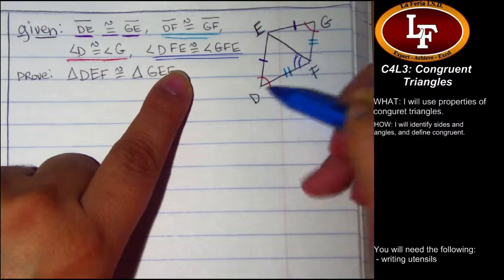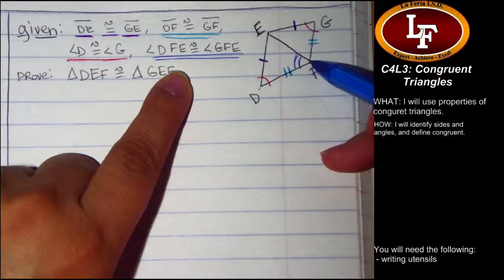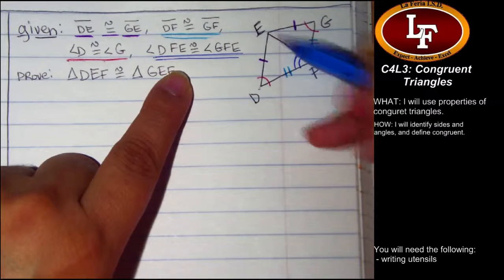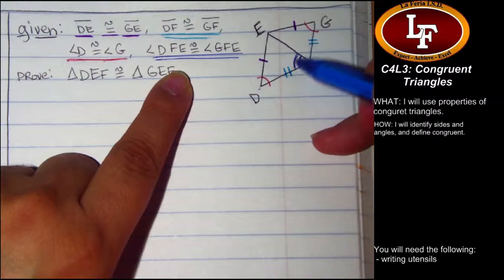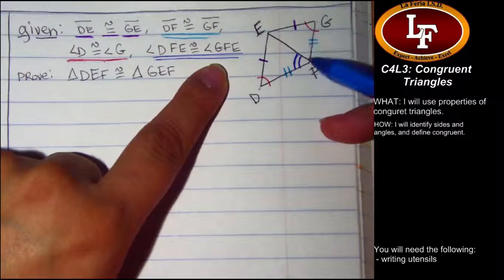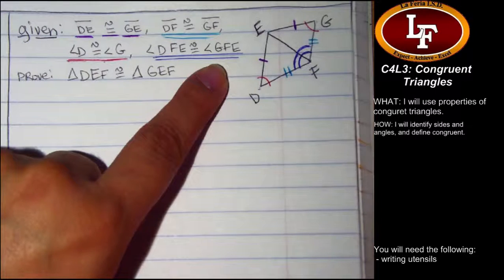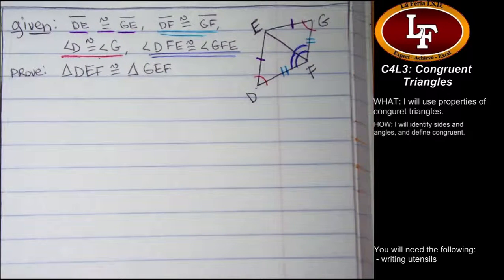So I'm going from D toward F, and at F I'm making a turn and going toward E. So this is my angle right here. The next angle starts at G, goes toward F, and up toward E, so that other angle is right here. That's all I know. That's all I've been given.